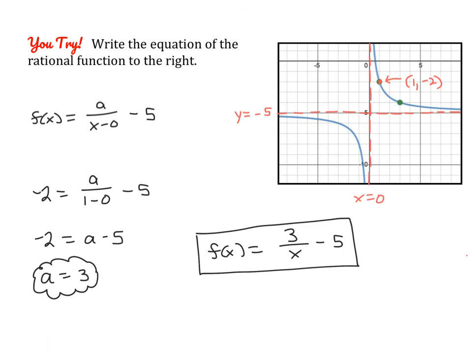And then to find our a value, you can use either this point, 1, -2, or you could have used this point, which is 3, negative 4, to substitute. So I substituted my y and my x, and then I was able to find that a equals 3. And again, if you use this other point, you should have gotten the same a value. So we substitute it back in, and our final equation is 3 over x minus 5.